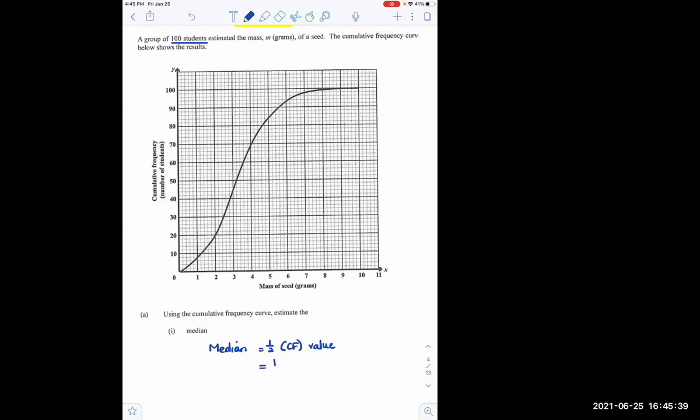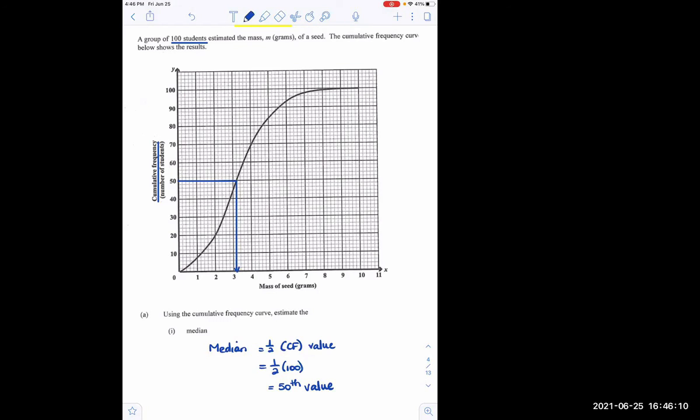So the median is a half of 100, which is the 50th value. So we are going to the cumulative frequency axis, and we are finding 50, and we are going straight across to meet our curve, and then we are coming downwards.